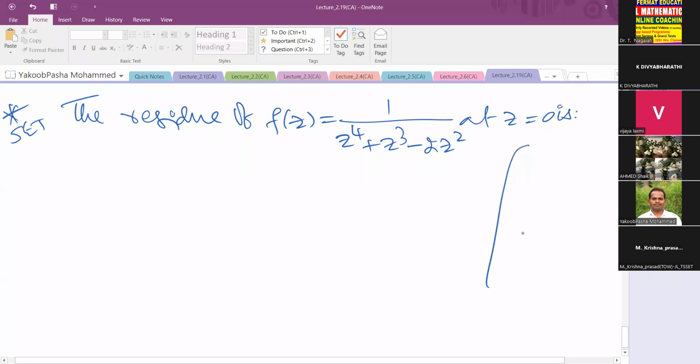Just a simple question. We have options. First option 0, second option 1 by 4, third option minus 1 by 4, and fourth option is 1. Of course, it is a JAM question also.